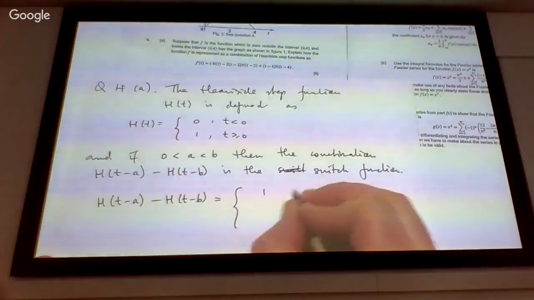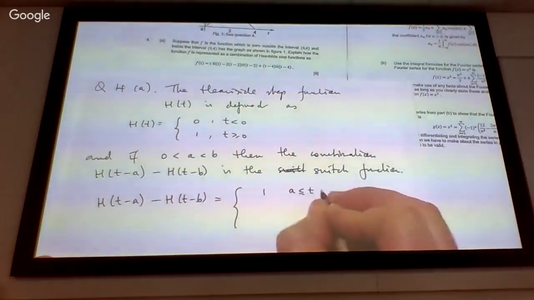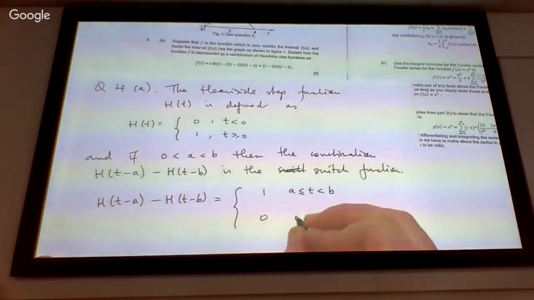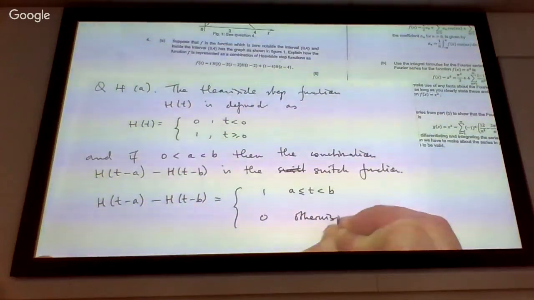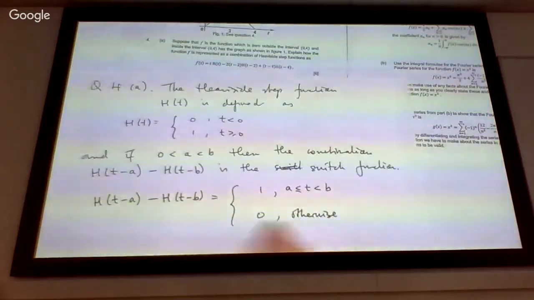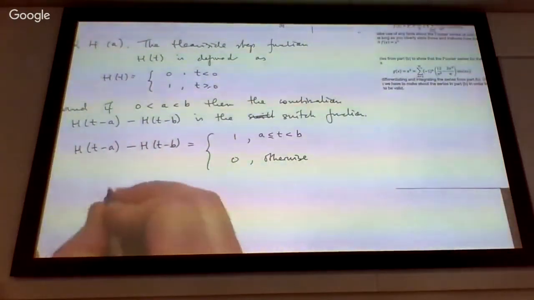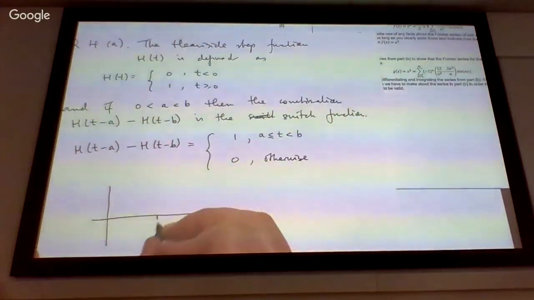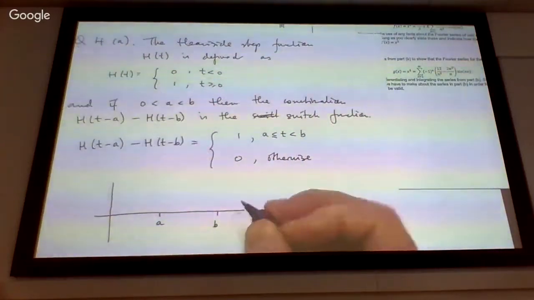It's the function that's switched on between A and B, and it's off otherwise. Just sketch a quick graph of that. Got A, got B.